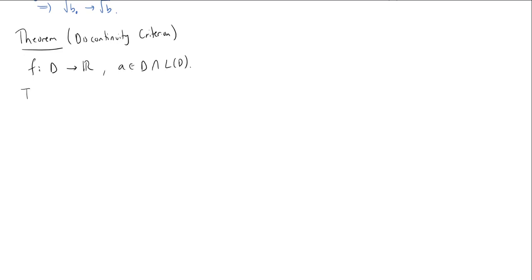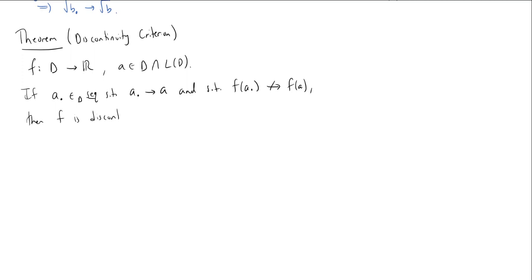Okay, so if a_n is a D sequence such that a_n converges to a, and such that f of a_n does not converge to f of a, then f is discontinuous at a.